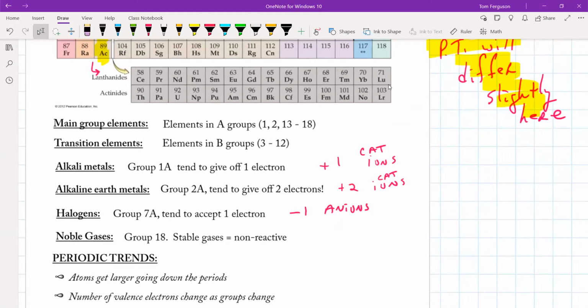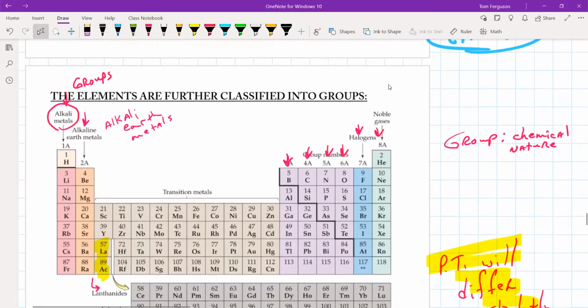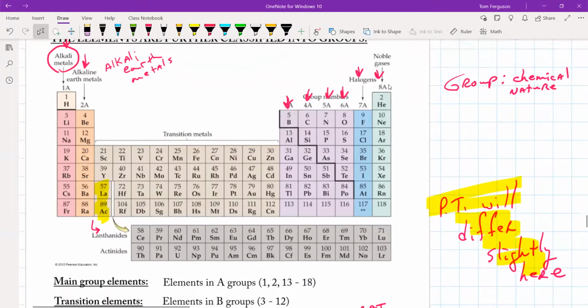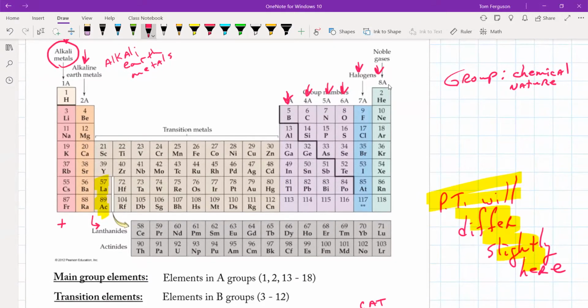Going back to, I forgot who asked the question about whether the elements are ions or neutral compounds, and I talked about stability. Group 1, or the alkali metals, aren't particularly stable. So what happens is they like to form a +1 cation, and they're much more stable.